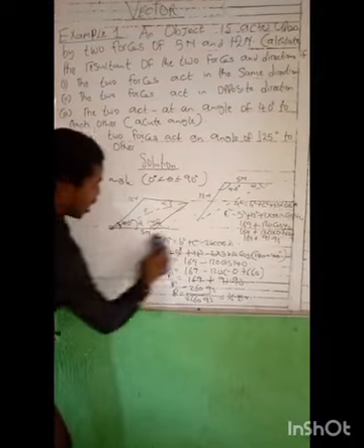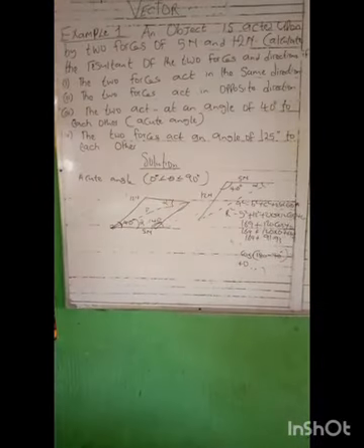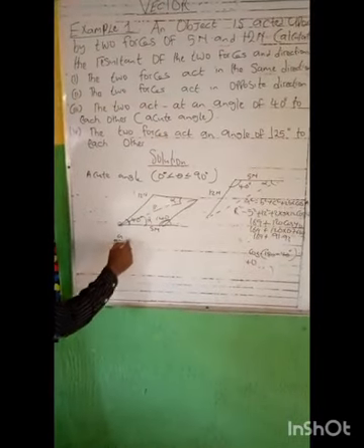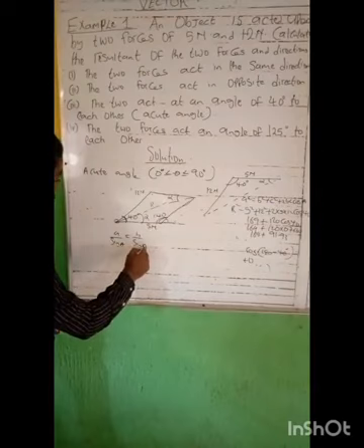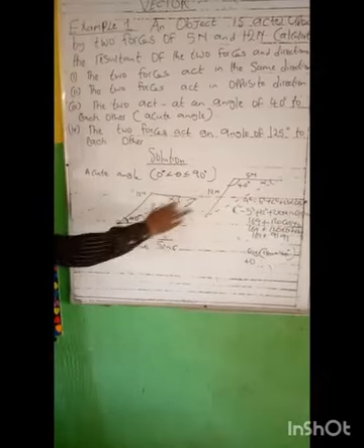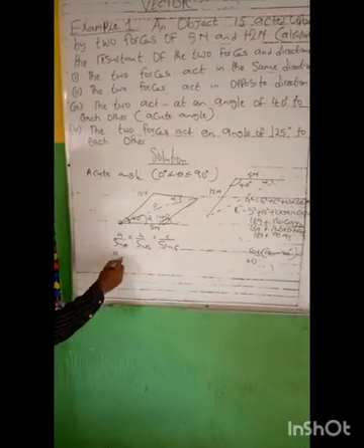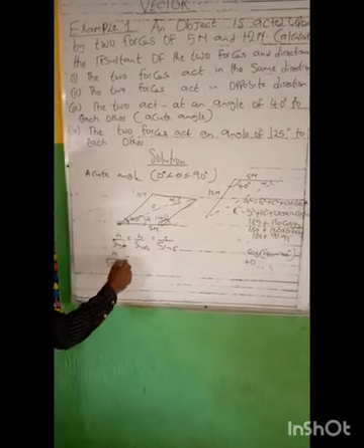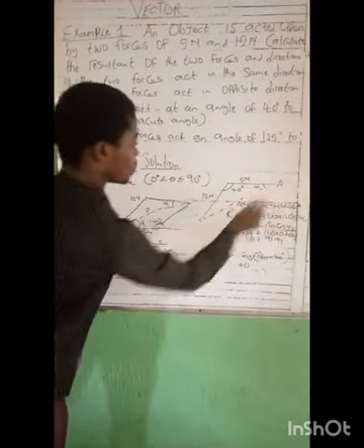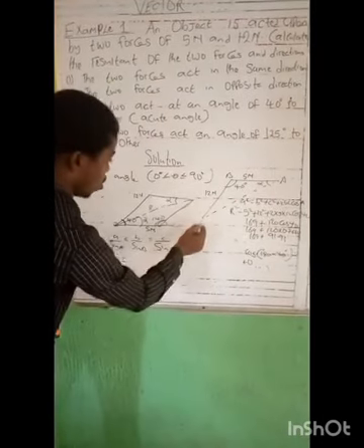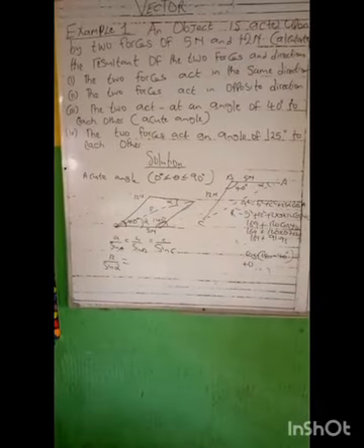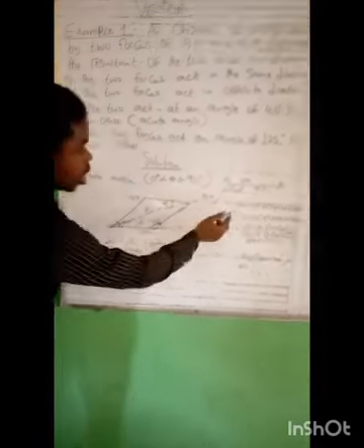Using this as an example, I'm going to have the sine rule: A over sine A equals B over sine B, equals C over sine C. So that is 12 over sine alpha, equal to the other side. I can choose to name this A, B, and C.